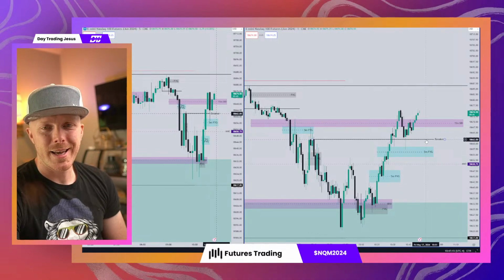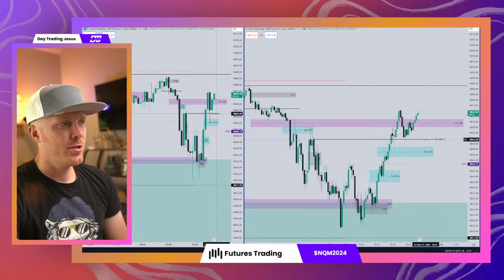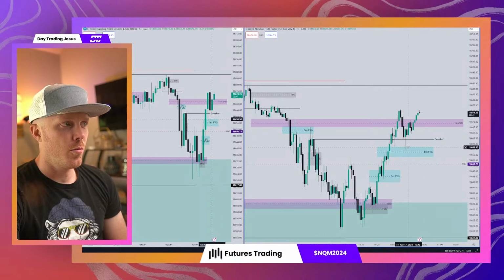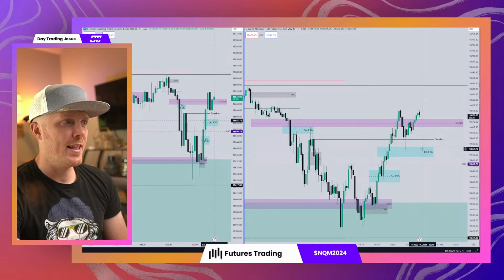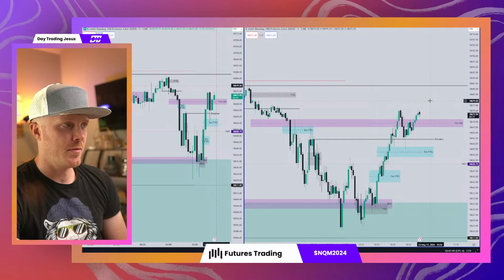I want it to scare buyers that are in this long. For people that have got in here expecting it to go higher, I would love to see a hard red candle just dropping and then stopping on a dime in this 5-minute fair value gap, and then consolidate for a minute or two and then start moving higher. I love those types of entries to go longer.